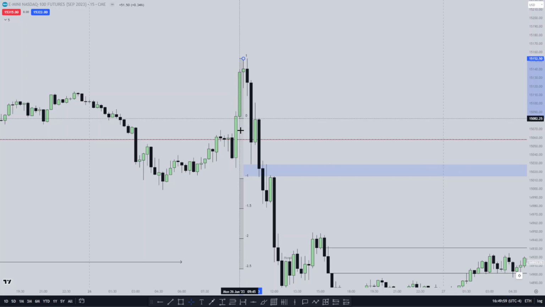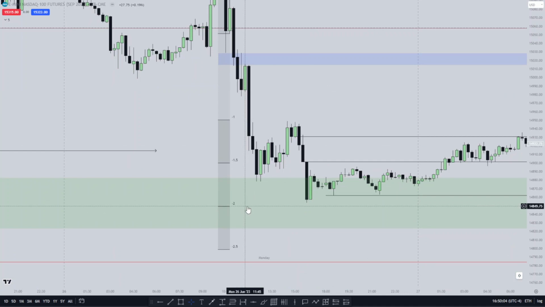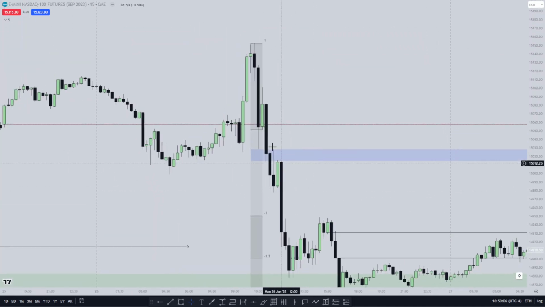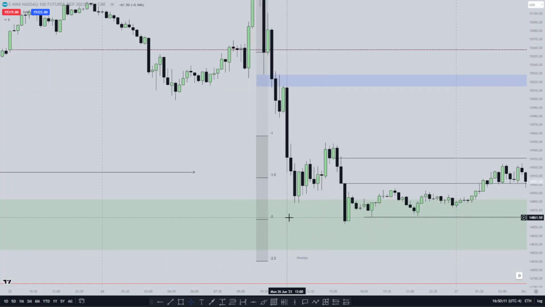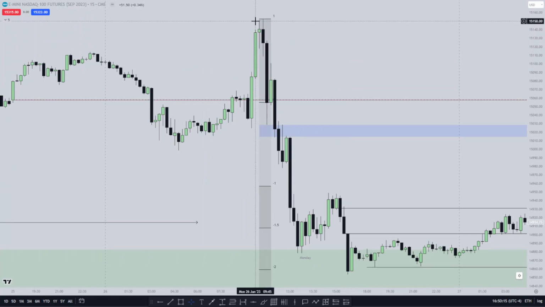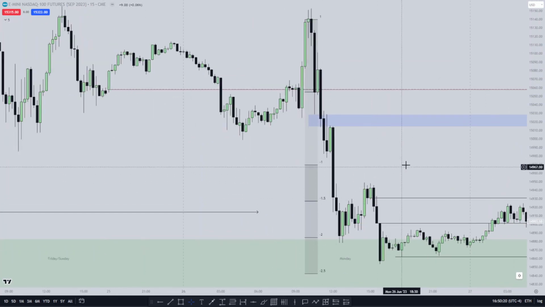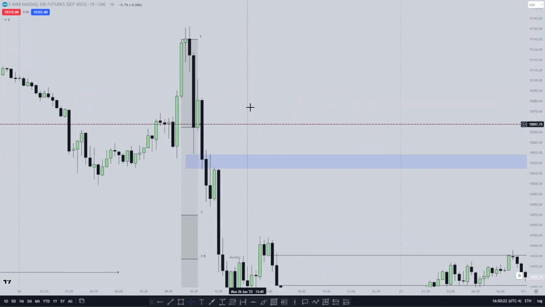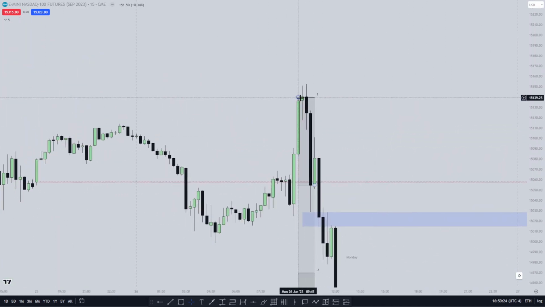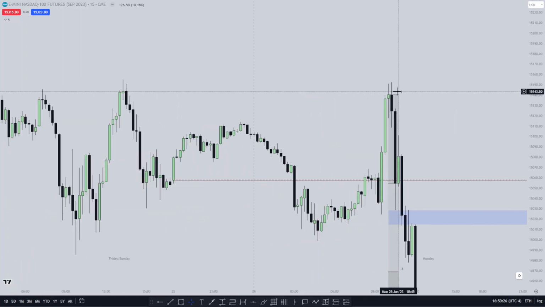Let me see if I could get an example with 2 and 2.5. Let's use the bodies. We have 2. Let's use the bodies because of this week's. Okay, we have a good one now. You should play around with this, basically with the standard deviations.